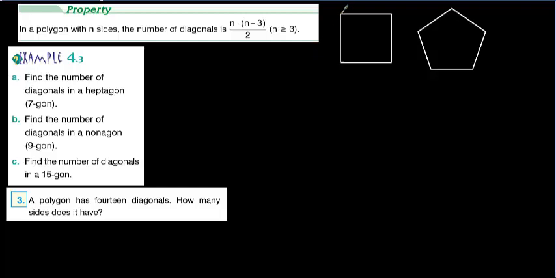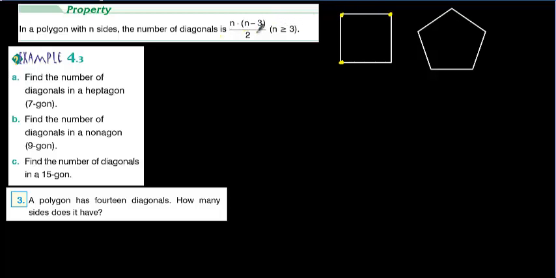Because we draw from a point, and the two consecutive vertices cannot be drawn to. When you take this point, these 3 points are out. For each vertex there are 3 points out, so the formula is n times n minus 3: the consecutive vertices and itself, because you cannot draw a diagonal to itself.